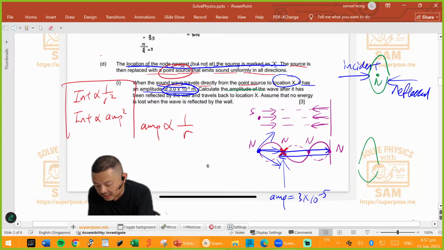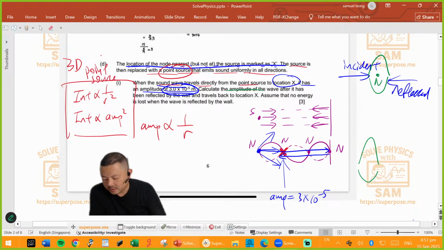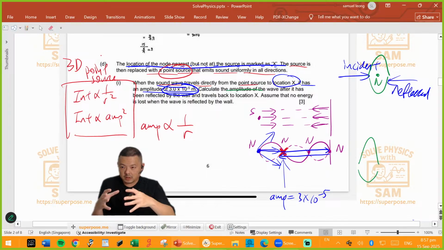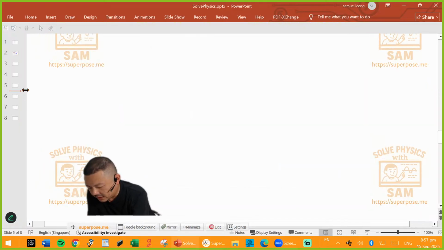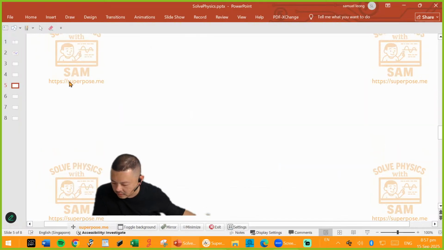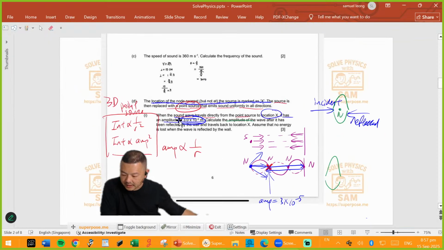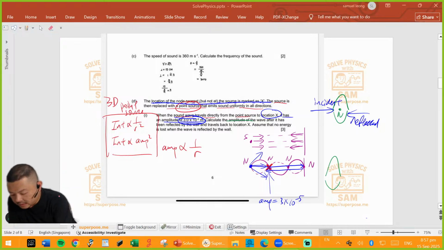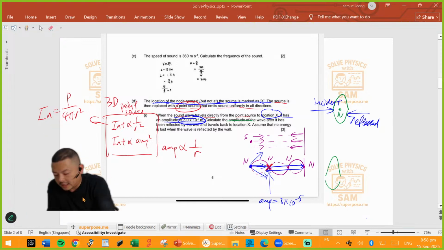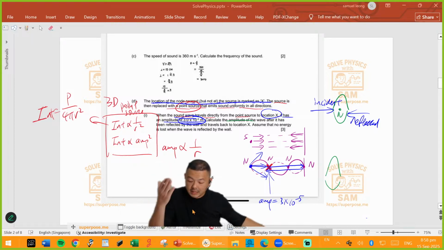Now this is for a 3D point source, like this. Honestly speaking, the actual equation for this will be intensity equals power over 4 pi r squared, right? So intensity is power over 4 pi r squared, like that. Yeah. So amplitude is proportional to 1 over r.